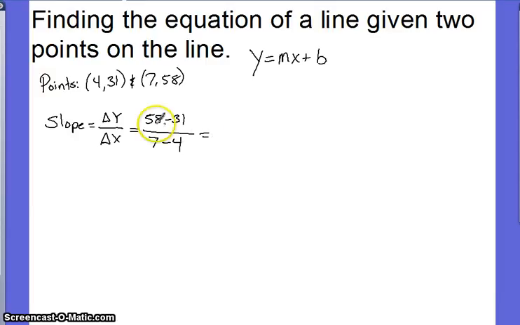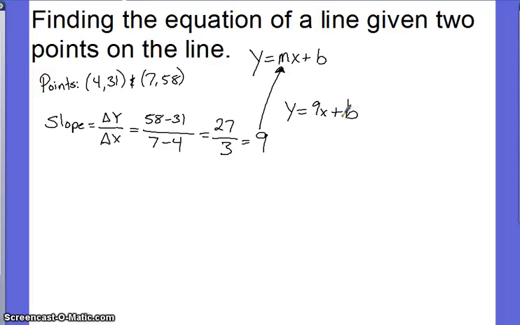So 58 minus 31 is 27. 7 minus 4 is 3. So 27 over 3 reduces to 9. I know my slope is 9. So I can plug it in this equation here for m. So now I'm going to have my equation y equals 9x plus b.